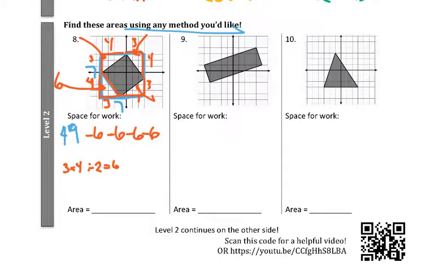Kind of interesting. So the area of all of the triangles altogether is 6 times 4, which is 24. So I could do 49 minus 24. And when I do that, my answer is going to be 25 square units, or units squared.